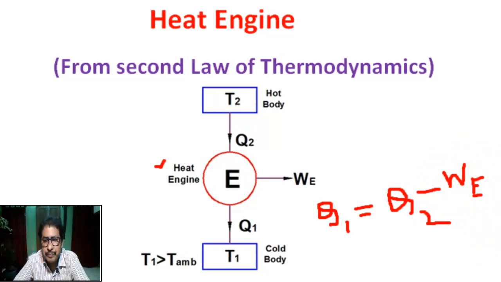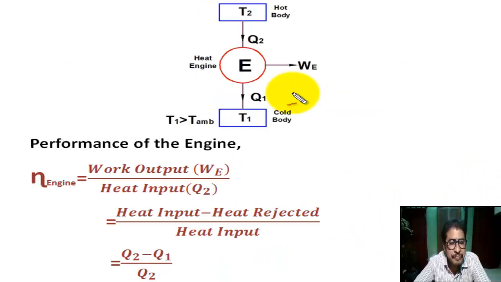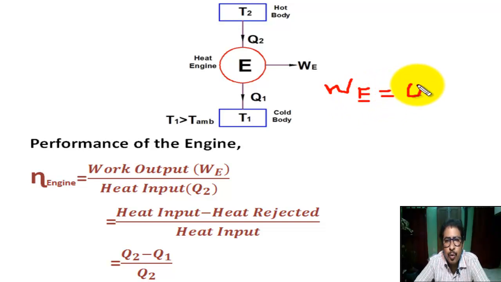Okay, here WE work output, WE work output equal to Q2 minus Q1.